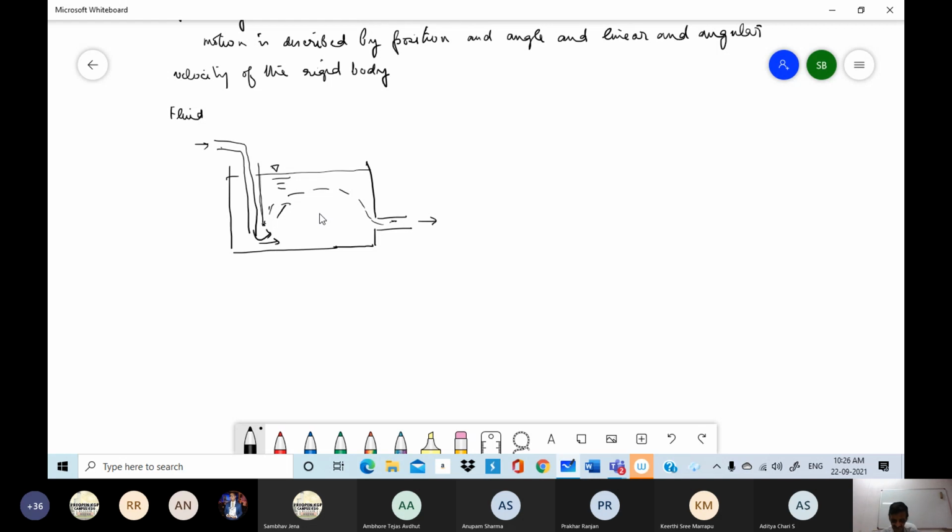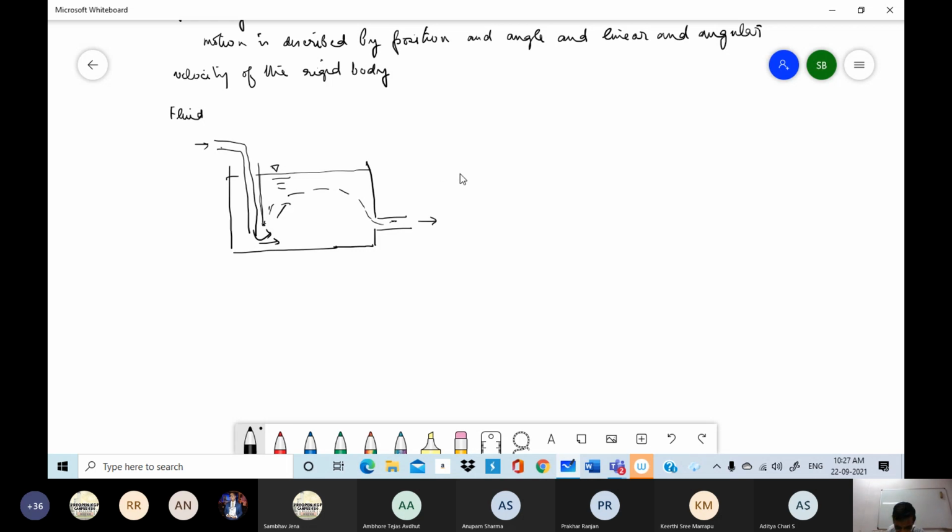So at any point, at any given instant of time, if I have a tagged particle in the fluid and I follow its motion, whatever its velocity at that position at that instant of time, that is the velocity at that point at that instant of time.